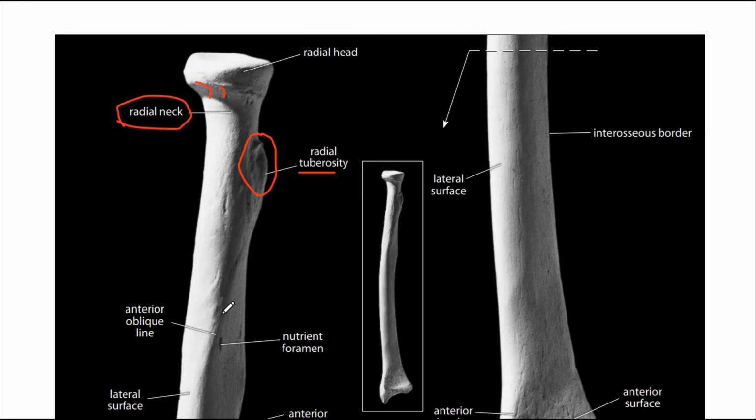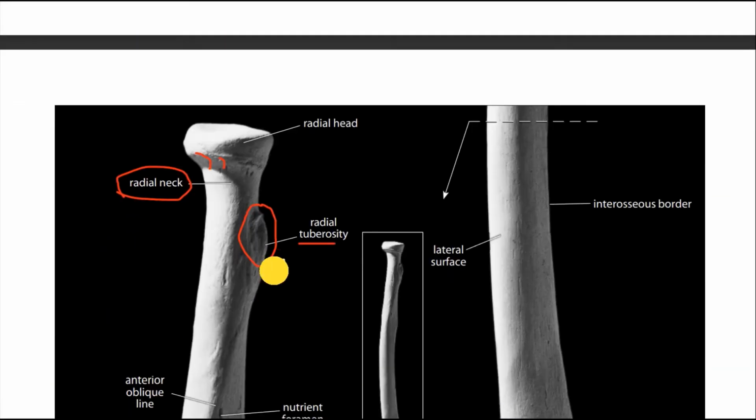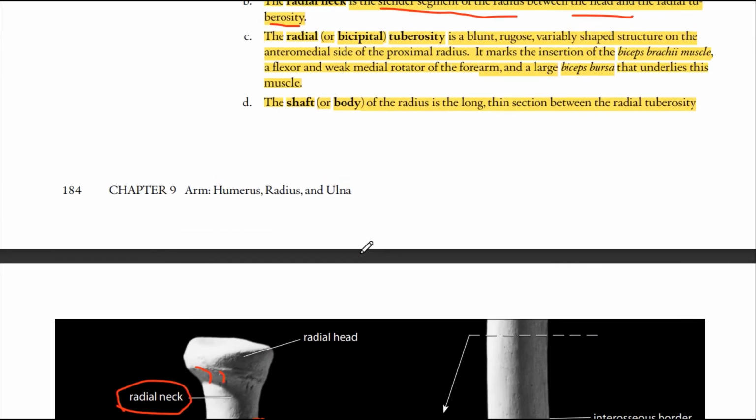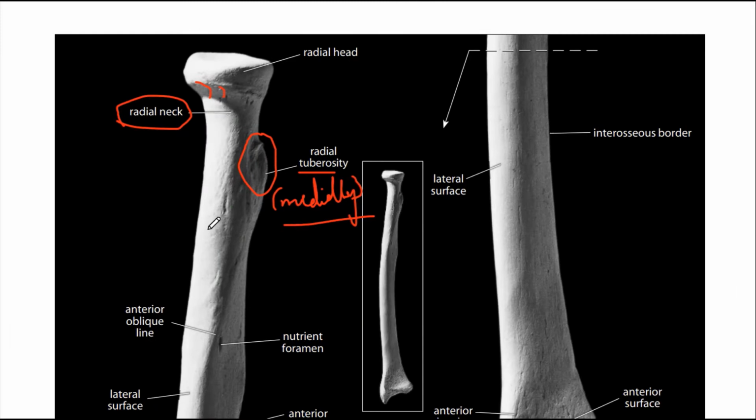If for example we are referring to the right radius, the radial tuberosity must be medially directed, as in it should be directed towards the center of your body, the inside of your body, not towards the lateral side, which is the outside. So this becomes one of the important landmarks.